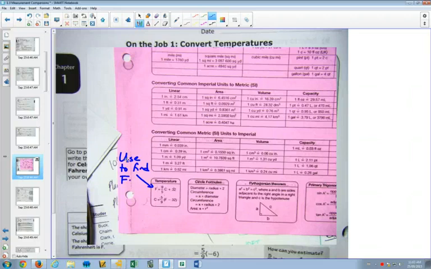If it says F equals, that one you're going to use to find Fahrenheit when you know Celsius. So if you know the temperature in Celsius and want to find out what it is in Fahrenheit, you'll use the formula that says F equals.